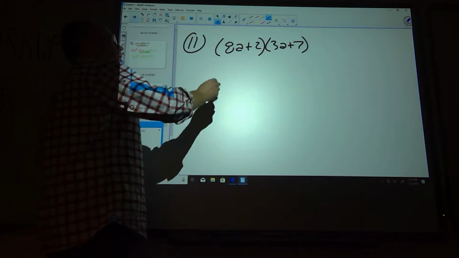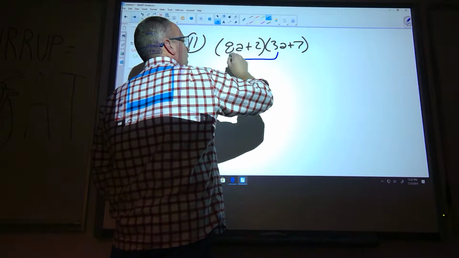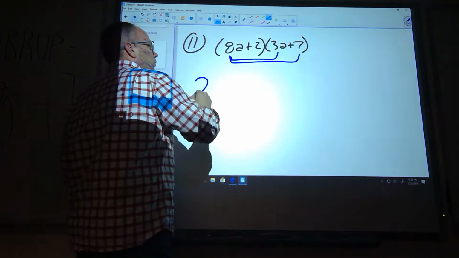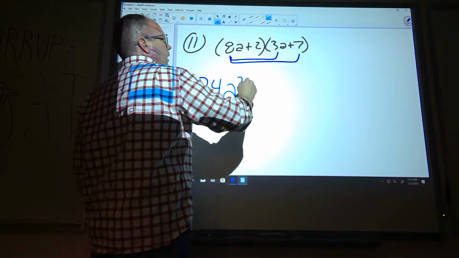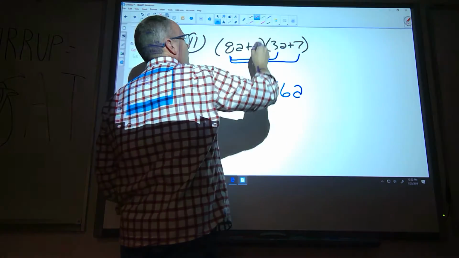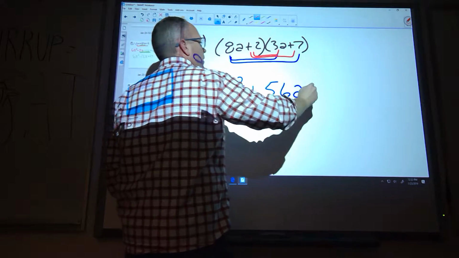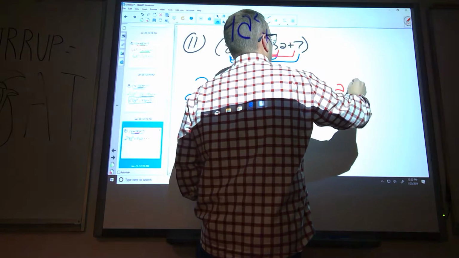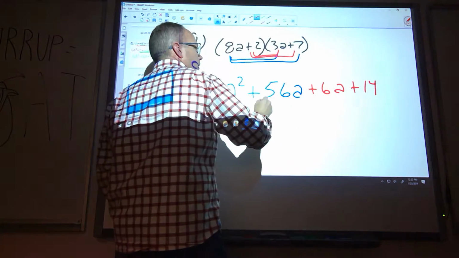Kind of generic notes, but this is what the other classes were planning on doing too. I get 24a squared plus 56a plus 6a plus 14. These are my like terms.